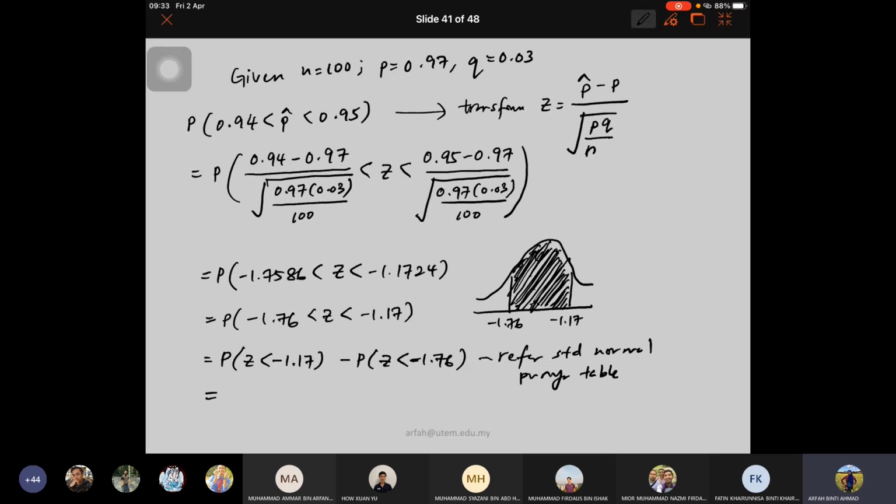Anyone dia dapat? Z less than negative 1.17. 0.1201.